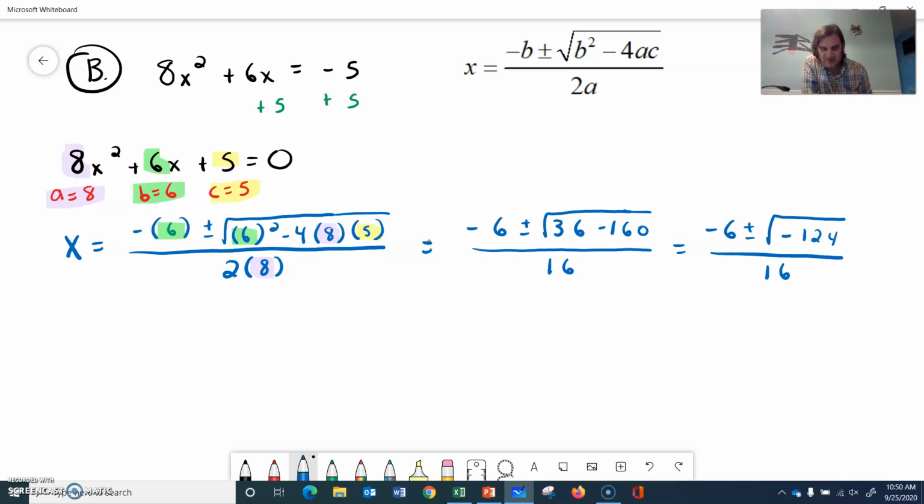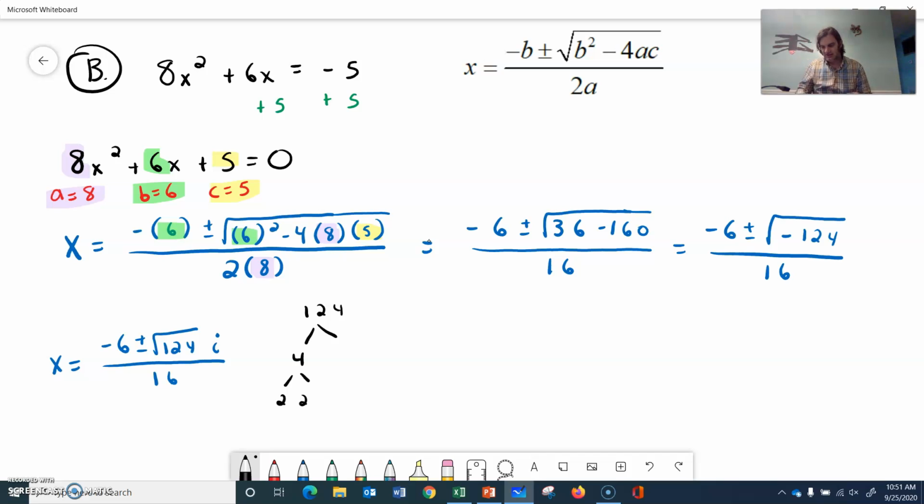Alright, so I'm going to pull that negative out from under the root, and that will be negative 6 plus or minus the square root of 124i all over 16. Now let's see if this 124 does anything. 124 is divisible by 4, I can tell. 4 into 124 is 31.